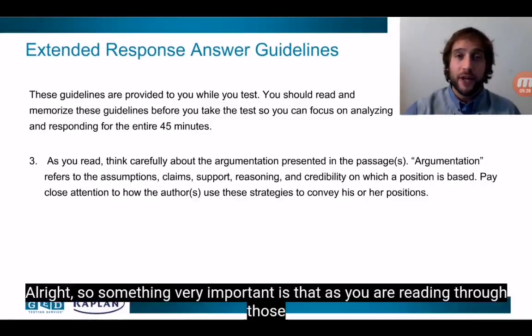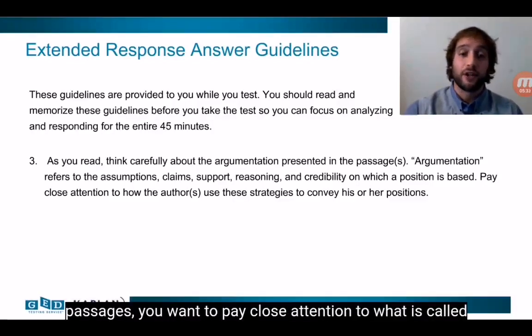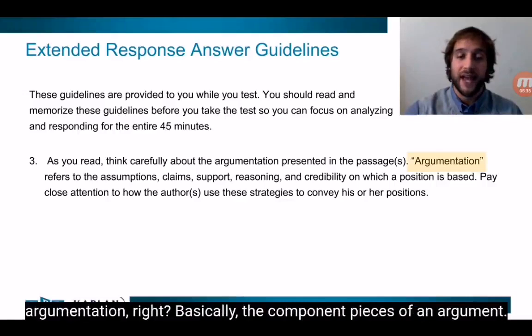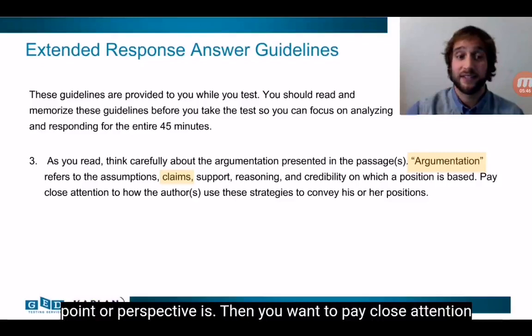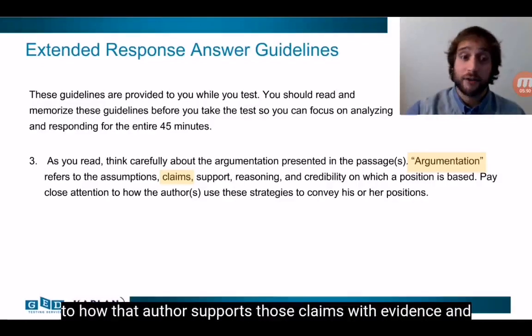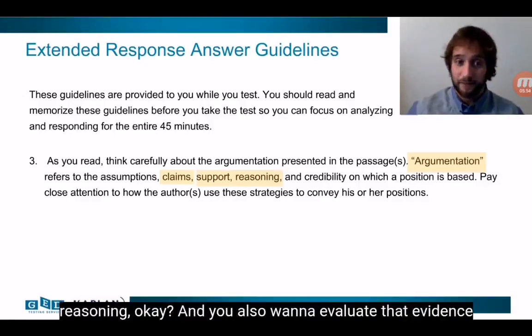All right, so something very important is that as you are reading through those passages, you want to pay close attention to what is called argumentation, right? Basically, the component pieces of an argument. That means you really want to focus on claims, what the author's point or perspective is. Then you want to pay close attention to how that author supports those claims with evidence and reasoning, okay?